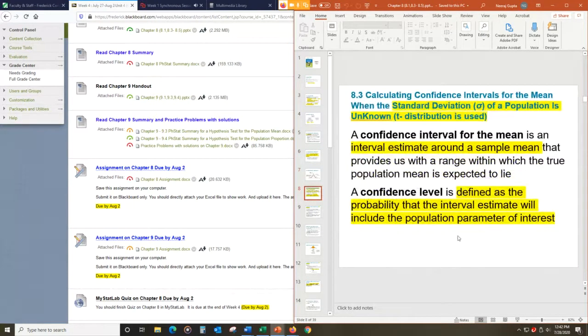Let me first introduce that. When we find the interval estimate, we find it with a given confidence level. If I choose a confidence level of 90%, then the interval estimate corresponding to the 90% confidence level will be called my confidence interval. That's where the term confidence comes in front of the interval, because it depends on the confidence level.